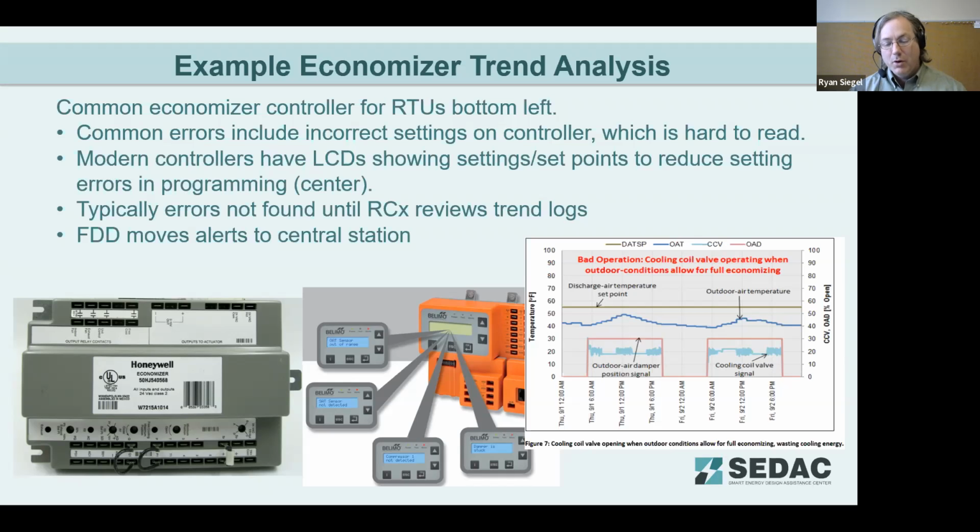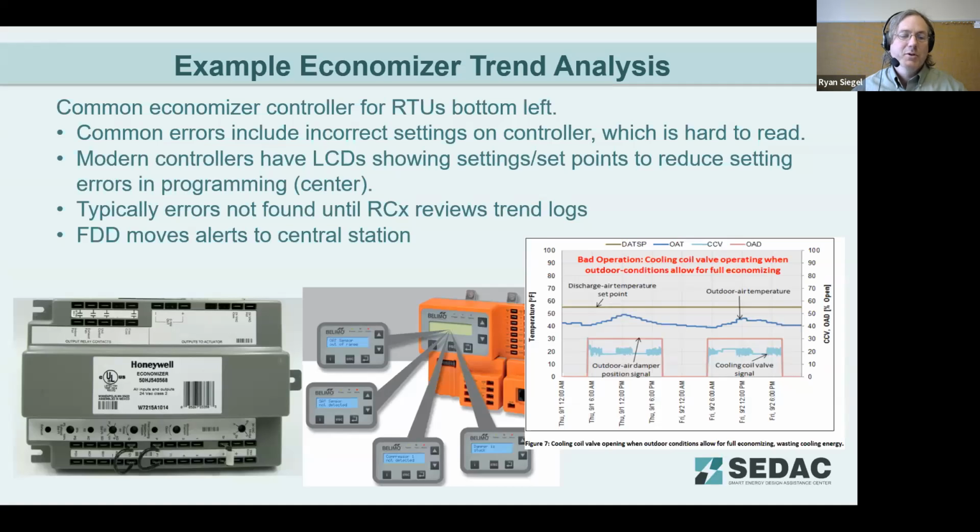This is part of the reason why the code also requires commissioning of buildings, is to try to catch some of these as you go through. So trying to identify and say, is this sensor giving me an accurate reading? If it's 80 degrees outside and the sensor shows, hey, I'm reading 200 degrees, okay, I definitely have a failed sensor.